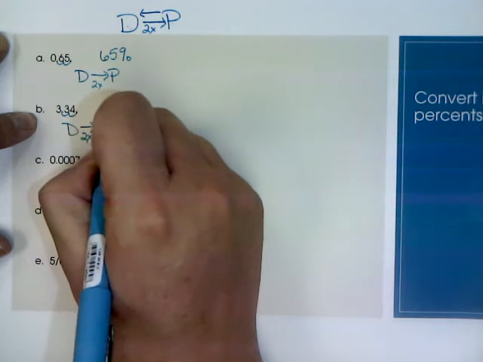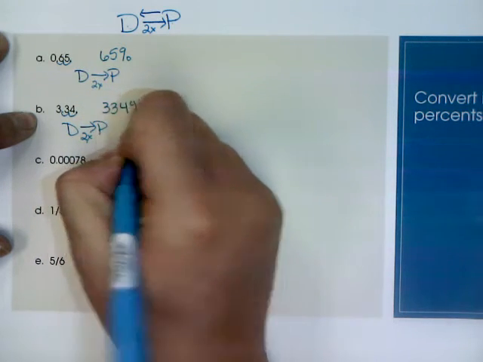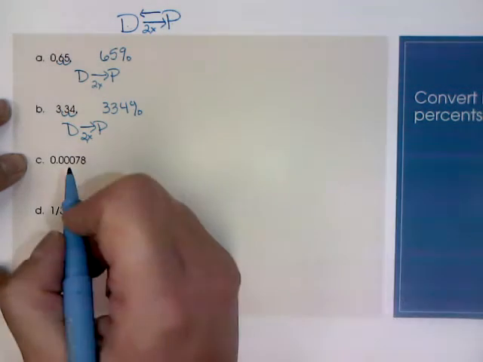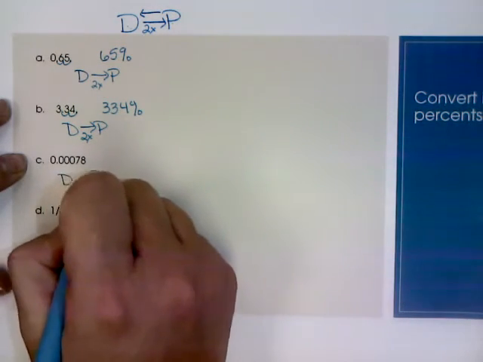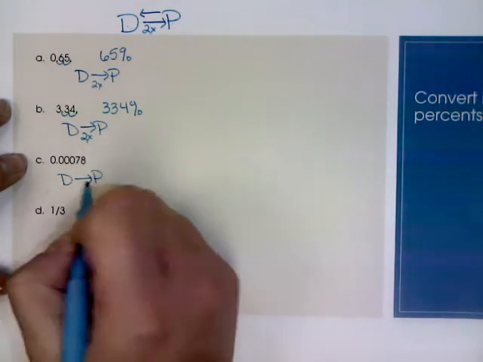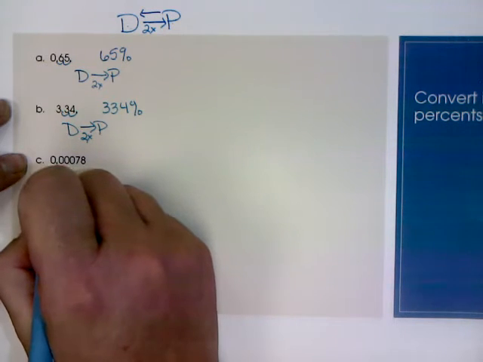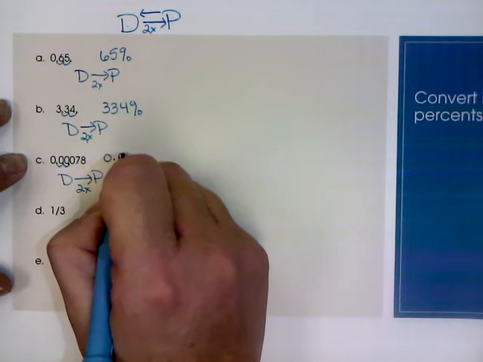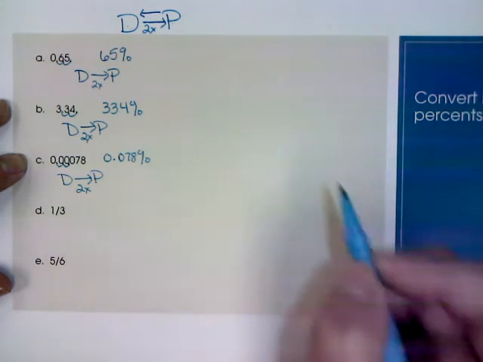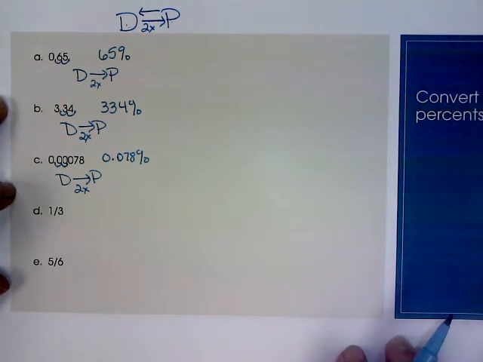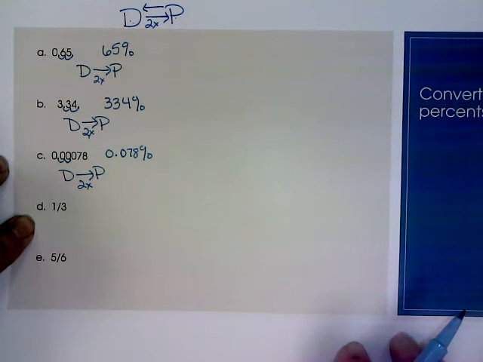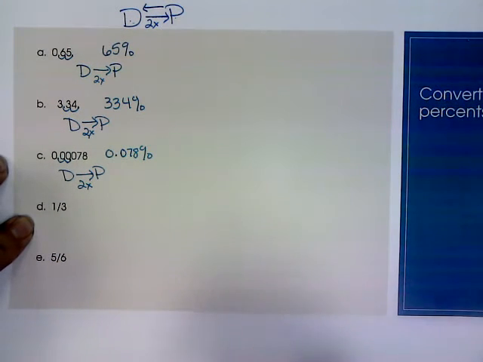It's going to give me 334%. Taking a look at letter C, same thing. D to P, decimal to percent, 2 times, once, twice, gives me 0.078%, tiny percent.